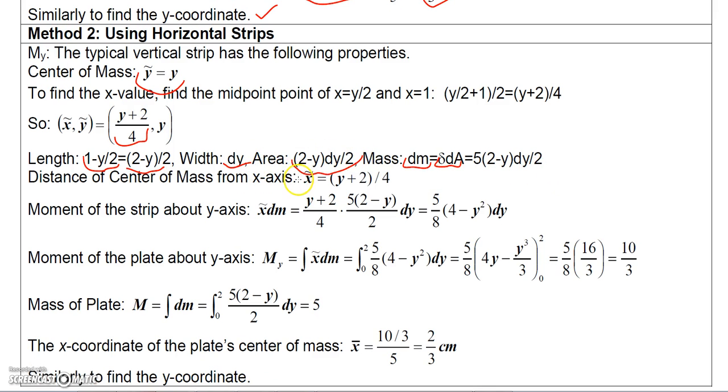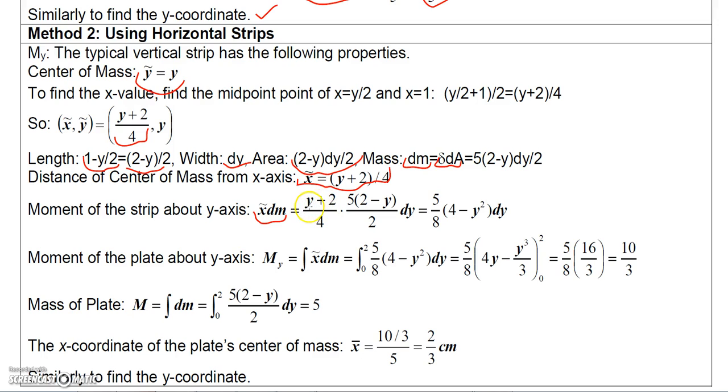And also we know that the distance of the center, as I said, for the x was y plus 2 over 4. So the moment of the strip about the y-axis can be calculated by integrating this x tilde dm.